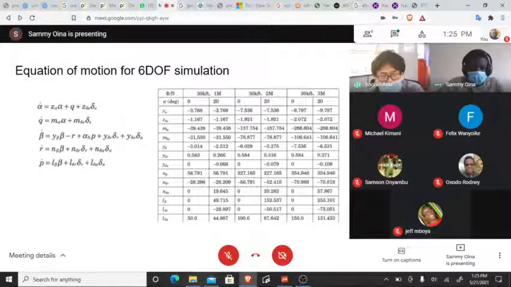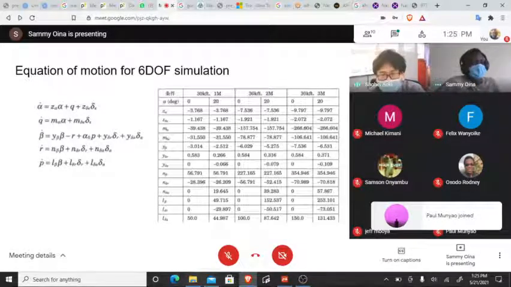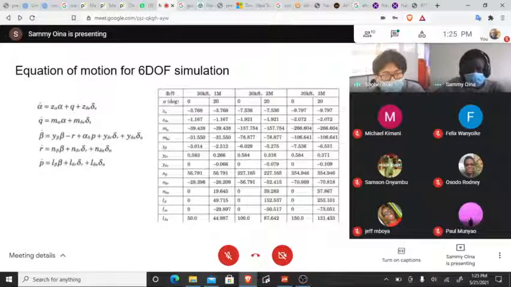R is the yawing angular velocity, yawing rate. P is the rolling rate, the movement around the x-axis. The typical aerodynamic coefficients are shown in some books or paper articles, so you can find such values.